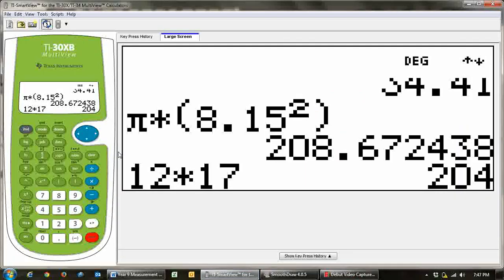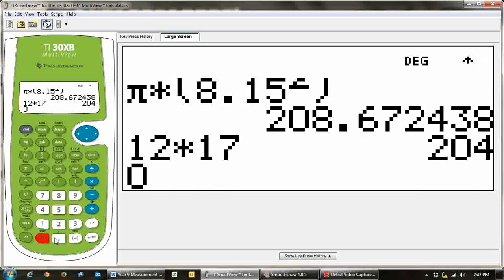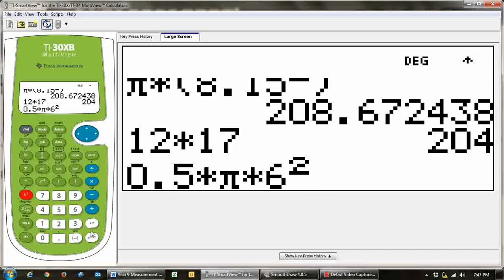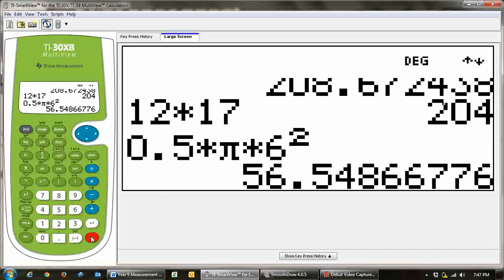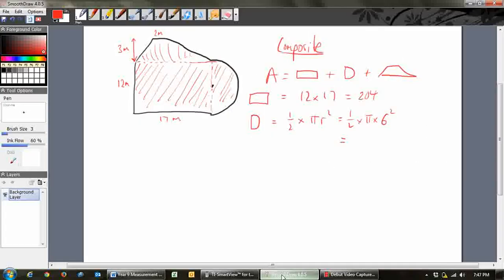Half times pi times 6 squared equals, we get 56.55. Good, so that's that one.